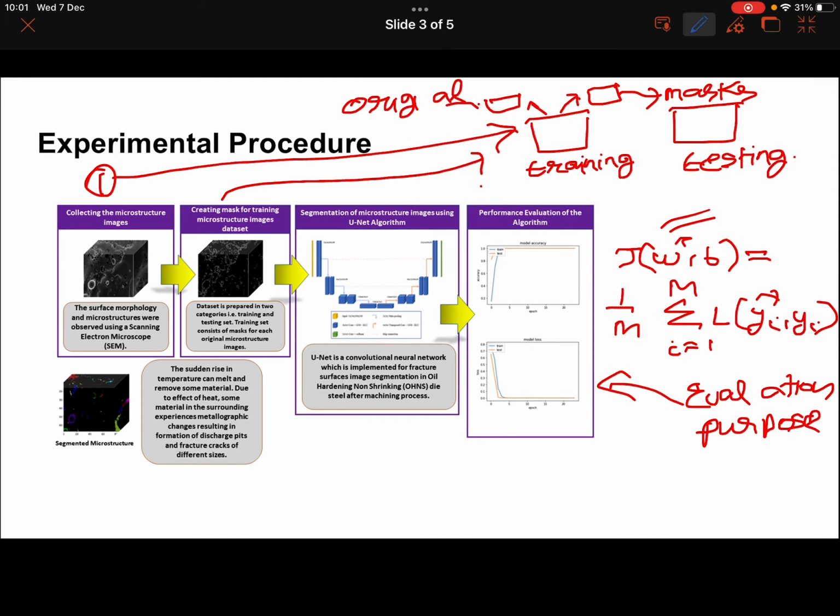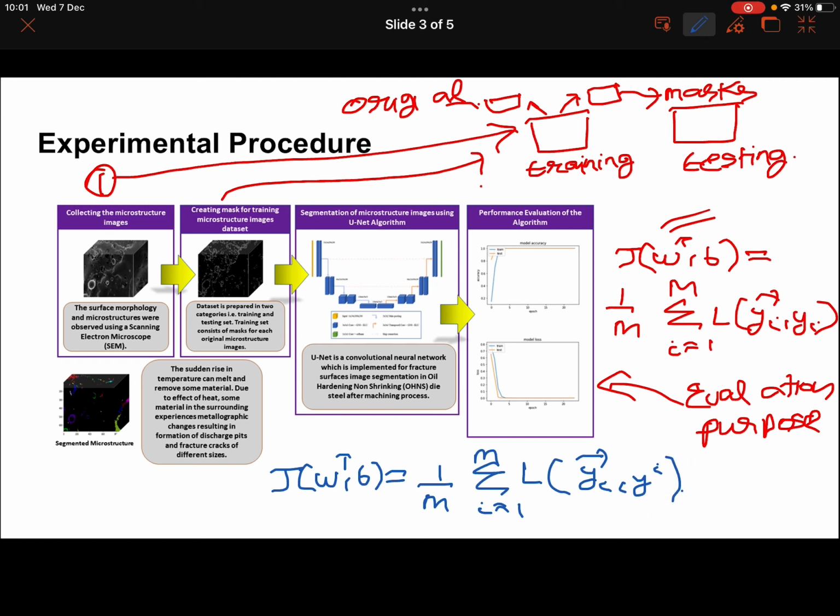So we can calculate the loss function by this equation: J, which is a function of W transpose and B, equal to 1 by M, summation of i equal to 1 over M of the loss function, where this is the predicted value and this is the actual value.